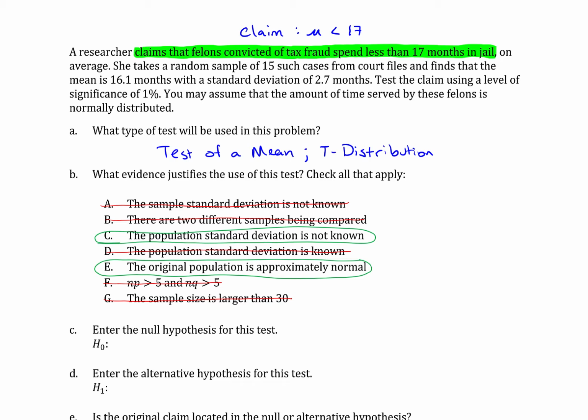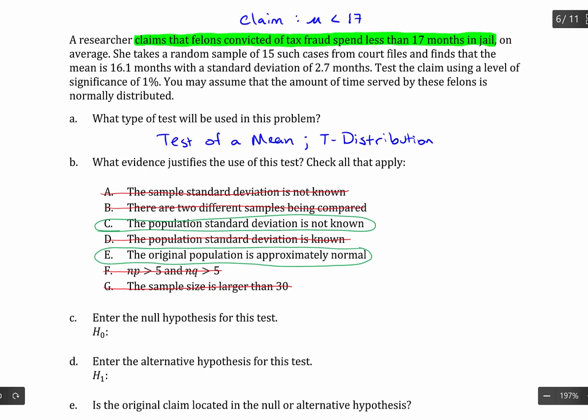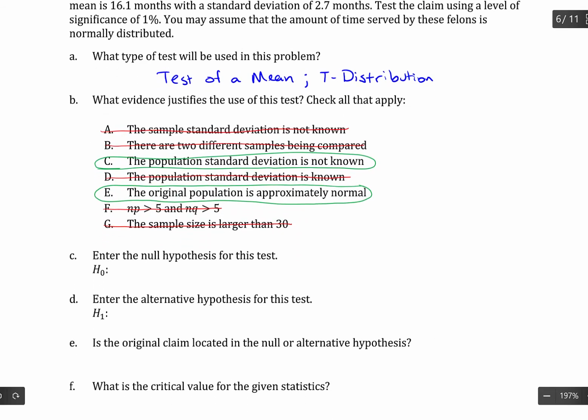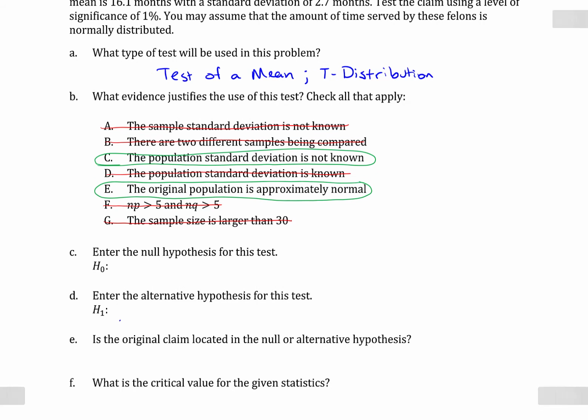Now that we know we can use the test, let's go through and use it. The claim is that the mean is less than 17. There is no statement of equality there. That tells me that the claim falls under the alternative hypothesis, so I'll mark it as the claim.